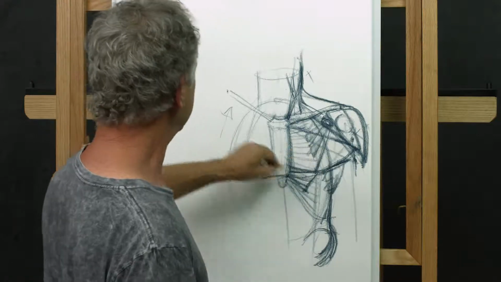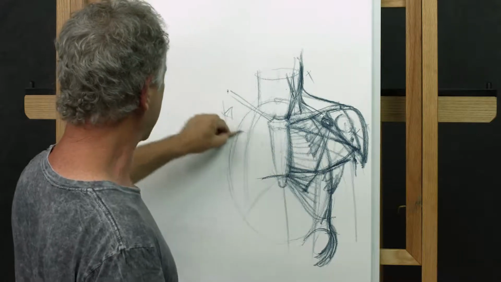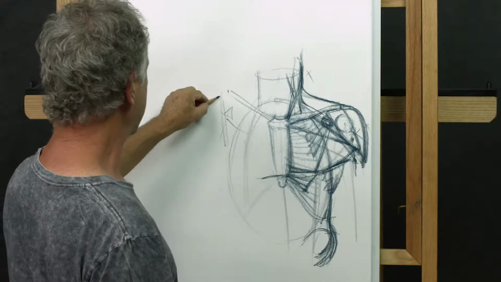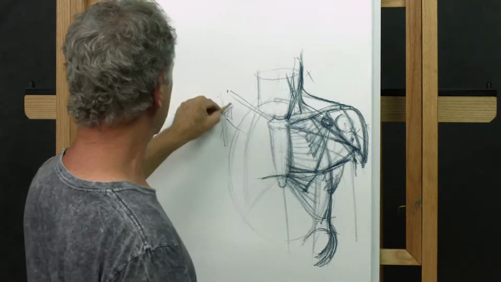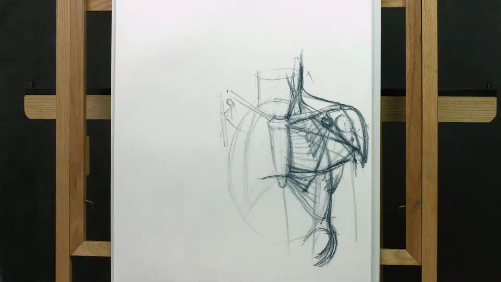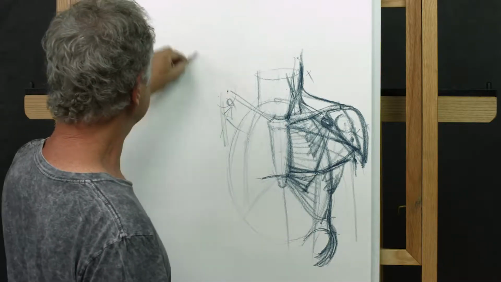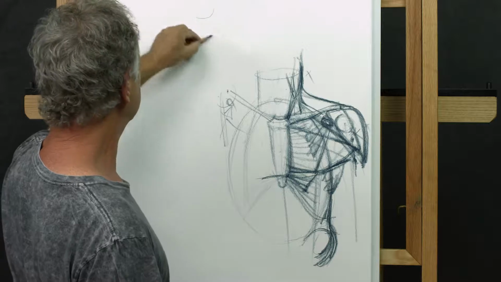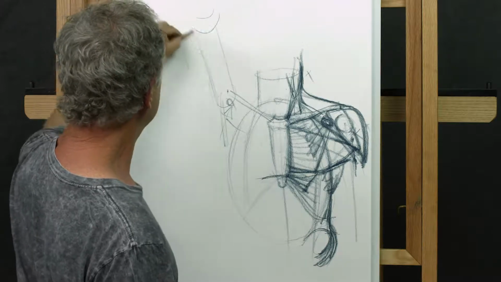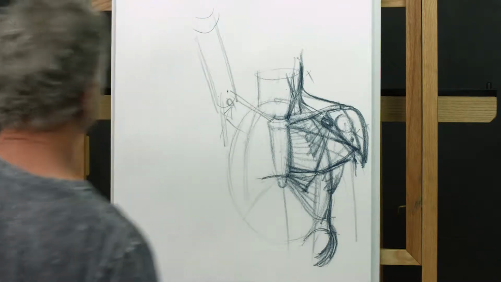So the scapula is actually going to pull up and out, pulls up and out. And so it raises the coracoid process as well. Now, for the moment, I'm just going to simply draw a cylinder that indicates the arm, just to start.